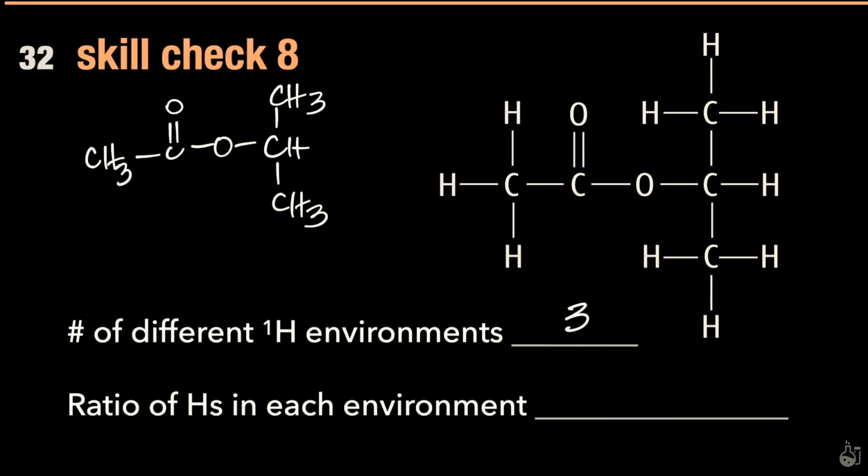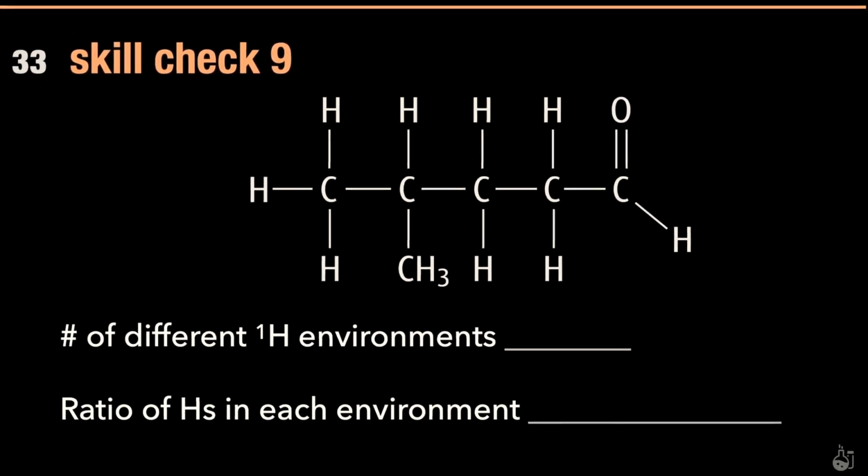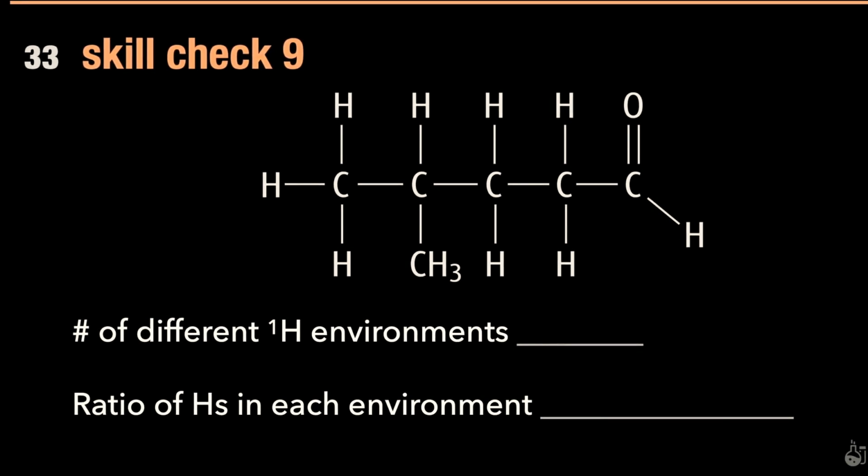And the ratios are 3:1:6. Beautiful. Absolutely. And then 9. There are 5 environments. 6:1:2:1. Because these 2 are CH3s. Right?